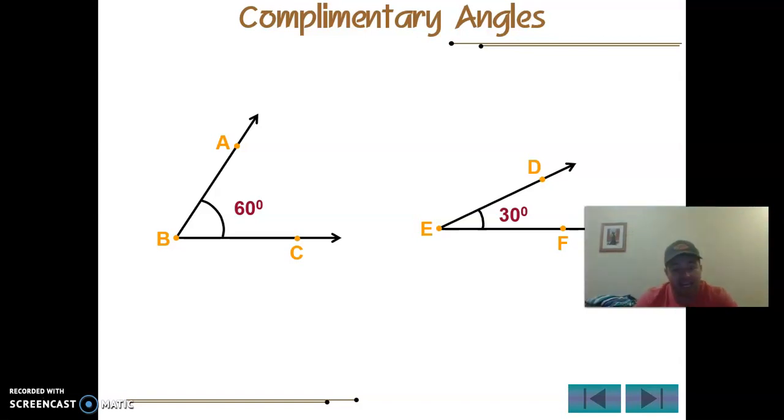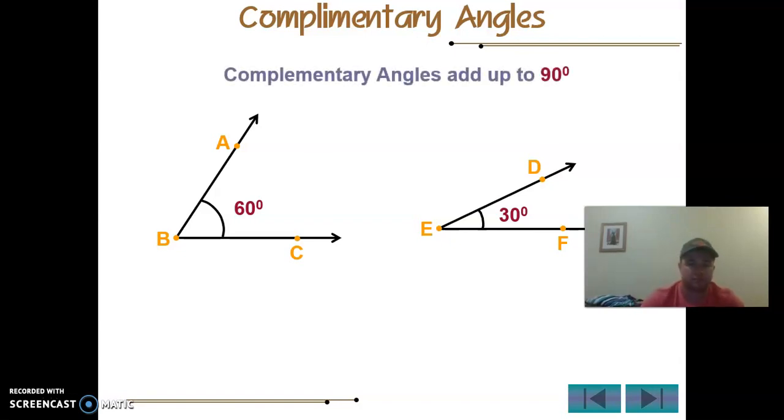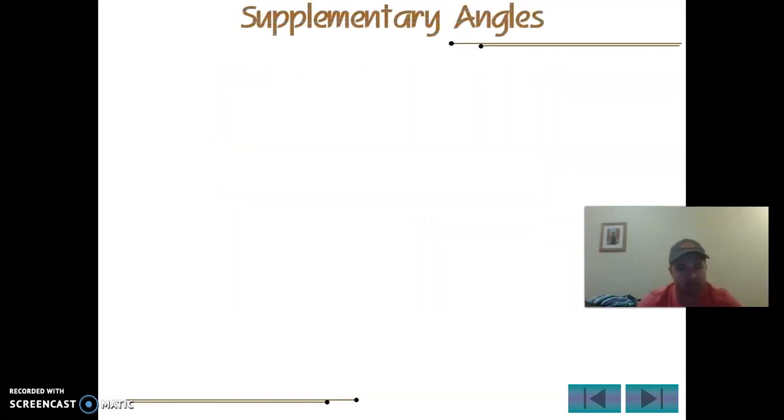So any two angles that add up to equal 90 degrees, they're called complementary angles. So like 20 and 70, 10 and 80, because they add up to equal 90 degrees, they're complementary angles. Complementary angles add up to 90 degrees.